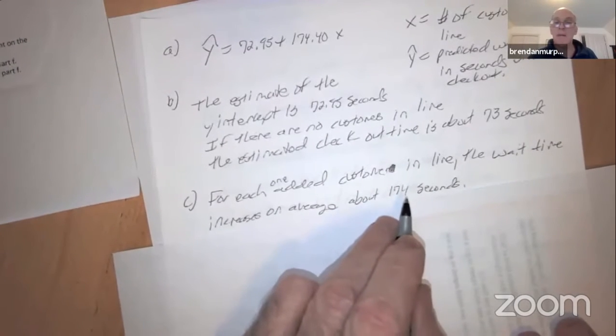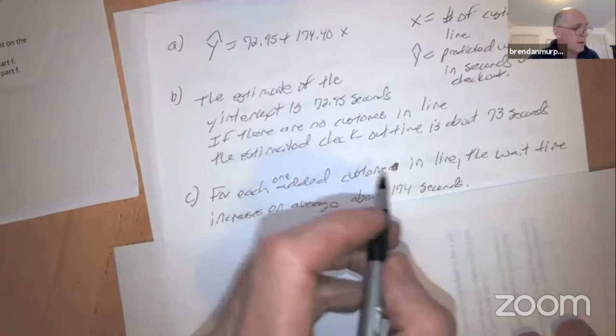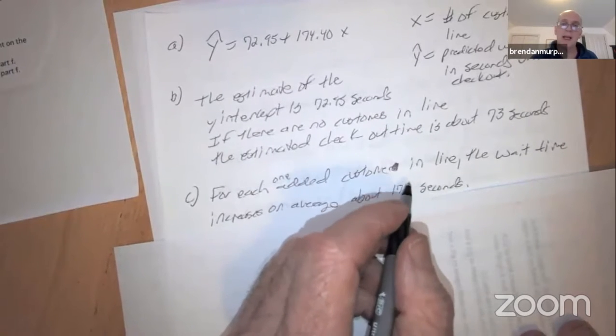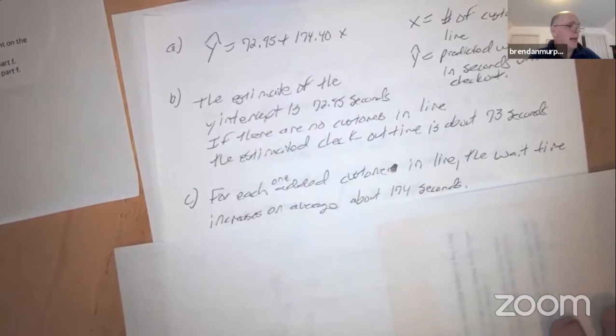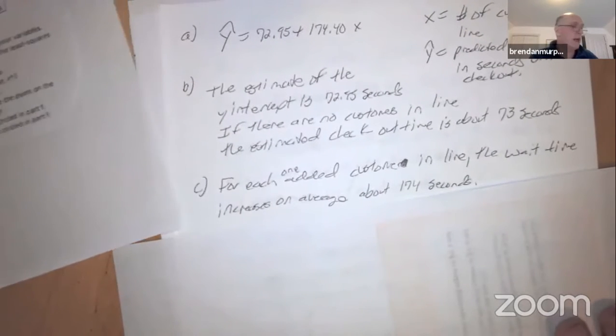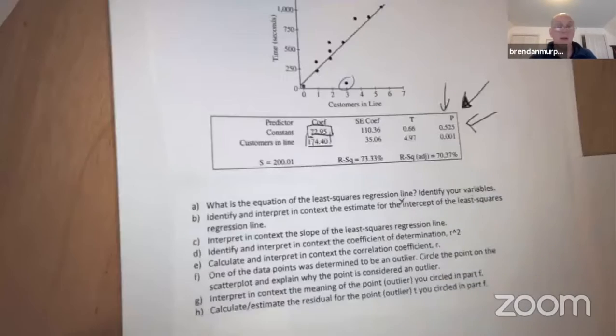I felt confident that my answer was correct there, but I said to myself, whoa, 174 seconds, that's almost 3 minutes. So for every 1 person in front of me, I wait an extra 3 minutes. And then again, I don't go grocery shopping very often, but it felt like that might be reasonable. By the time the person in front of you unloads all their groceries and pays and they bag their groceries and stuff, it's on average about 3 minutes.